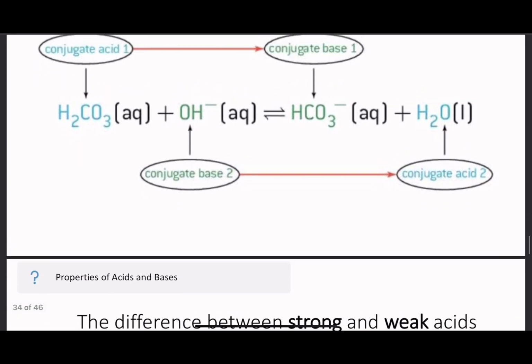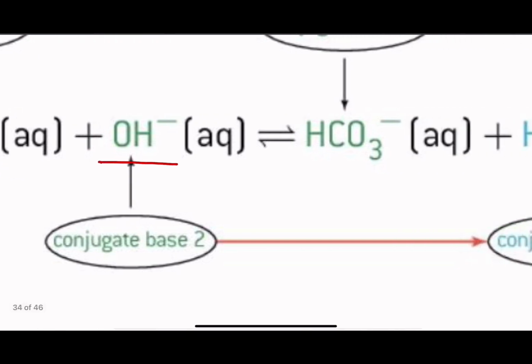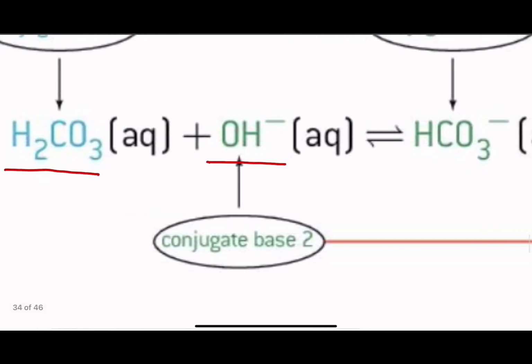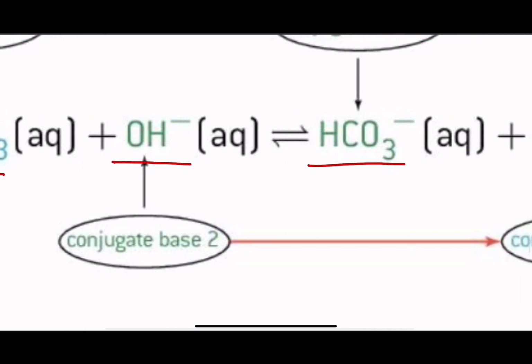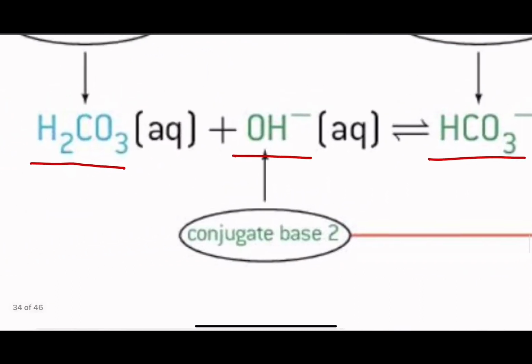Now in here, let's look at this. I've got H2CO3 with OH- as a reactant. Look what I'm getting. I'm getting HCO3- and water. It means that this OH took the hydrogen from this guy, right? So here I know that OH is acting like a base, and this is acting like an acid.